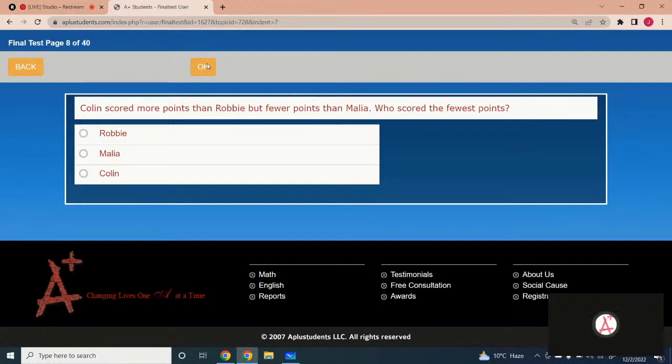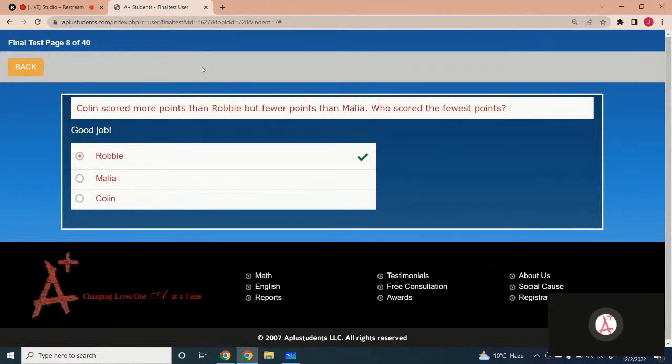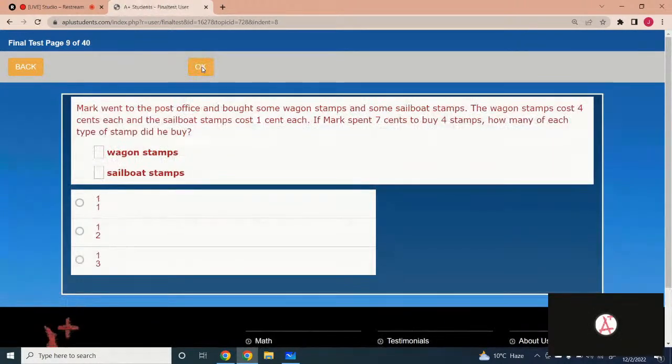Which option is the correct one? Yes, Robbie has the fewest points. Got it? Just select the correct option and click on the OK button.